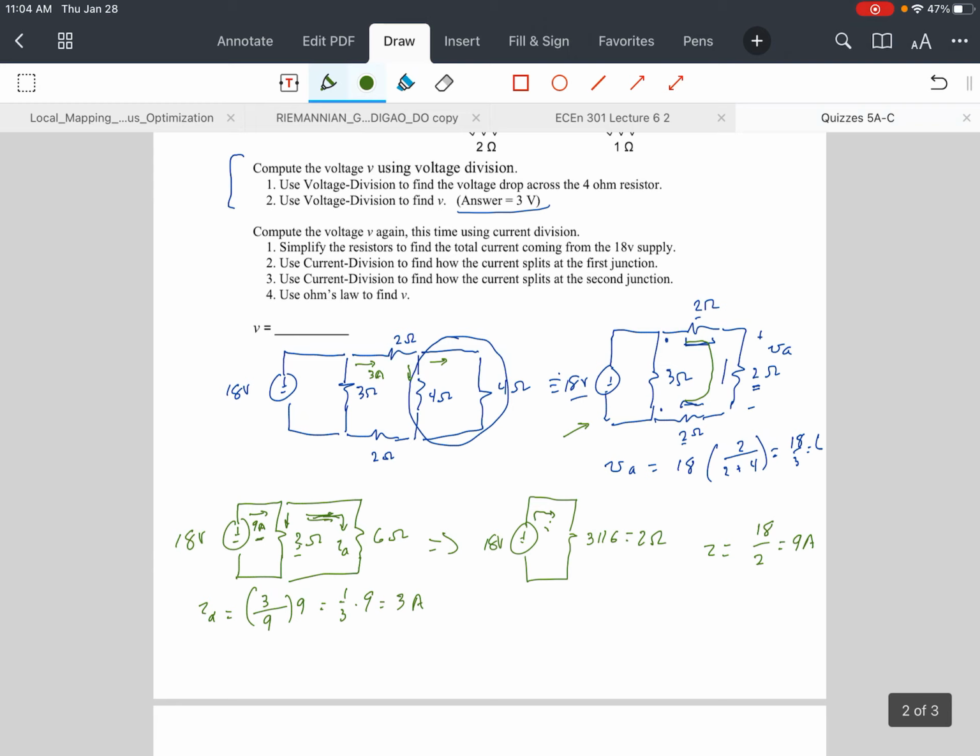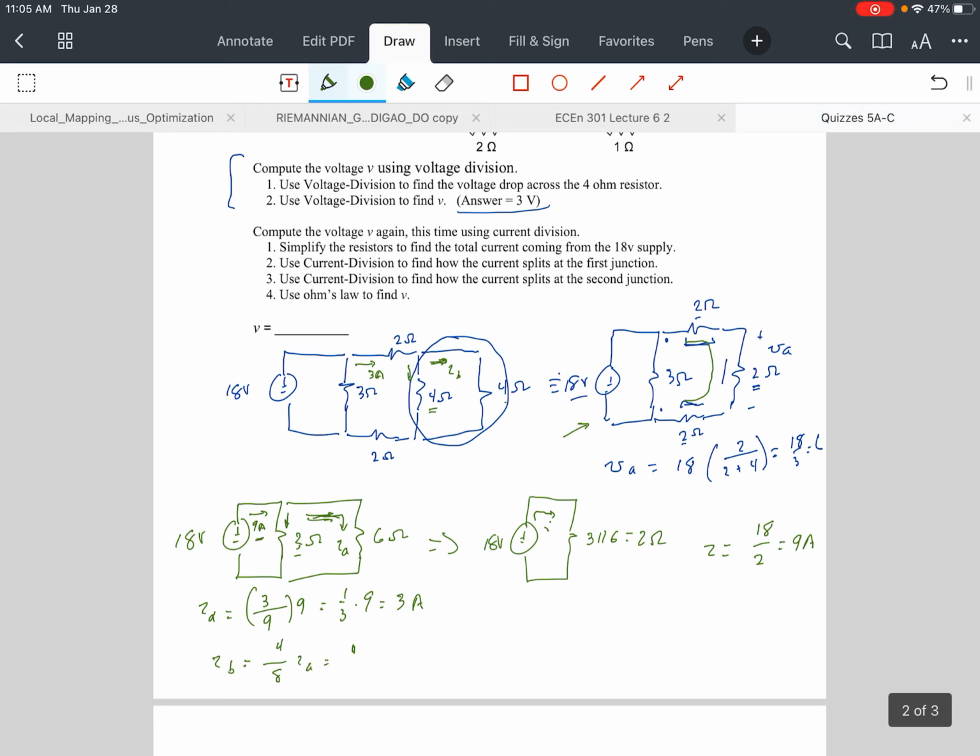Let's find the current that flows in this direction, call it IB. Again using the current divider equation, IB is going to be this resistance, 4, divided by the sum of these two, 8, times IA.